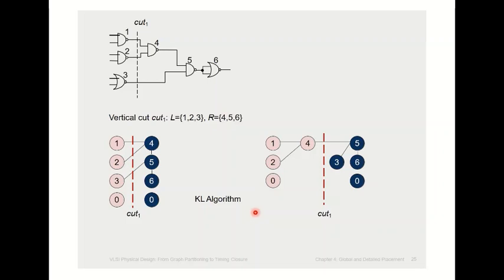After we solve this using KL algorithm, this is the solution. You can see that instead of 3 cuts, KL algorithm solve the partition, and in the end we have only 1 cut. So now we have split the circuits into left partition containing gates 1 to 4 and right partitions containing gate 3, 5, 6.